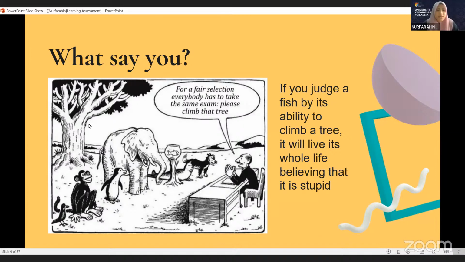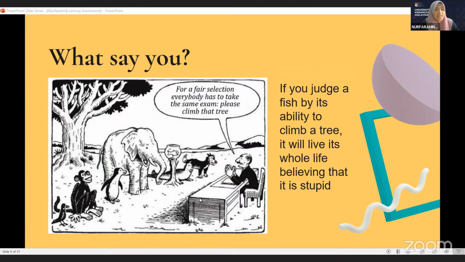Okay, but the students may perceive assessment negatively. Even more worryingly, this picture gains a lot of popularity on our social media platforms, perhaps because people can relate to the feelings of the fish.